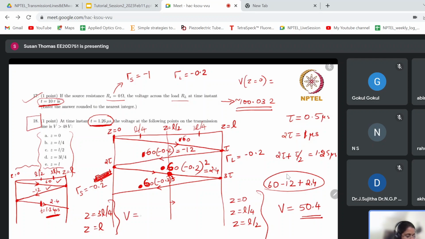So what will be the total voltage? 60 minus 12, which is equal to 48 volt. I hope this is clear. If there is any doubt, please do ask. I can explain it once again. You need to understand the position on the transmission line and also the time.